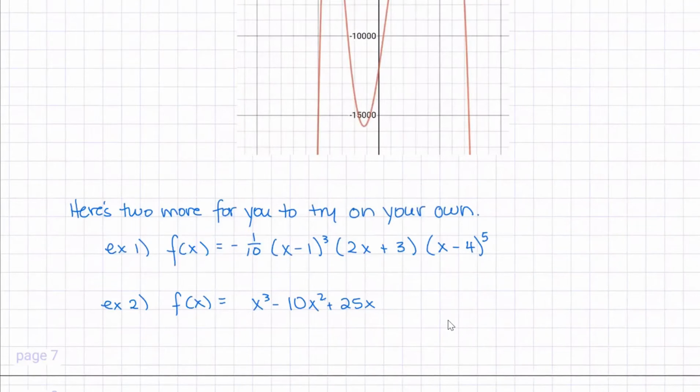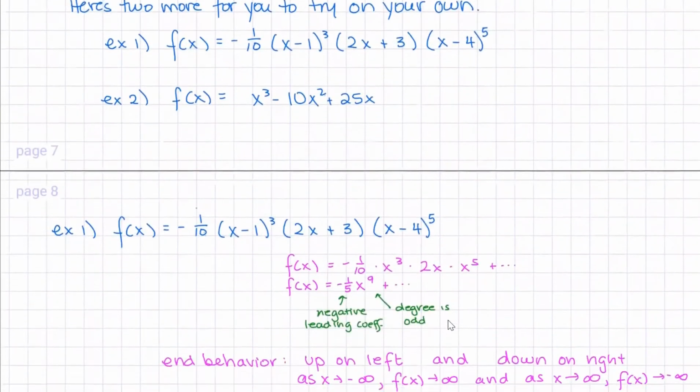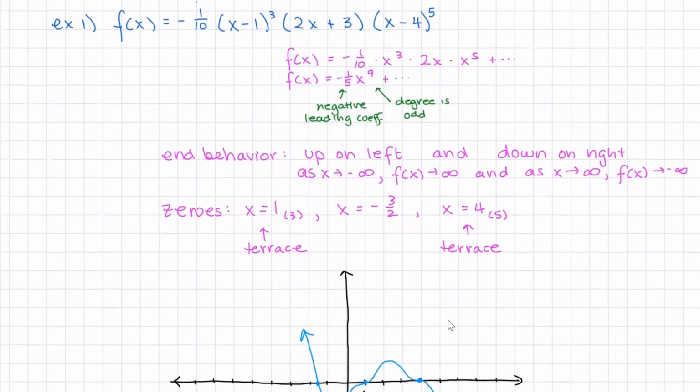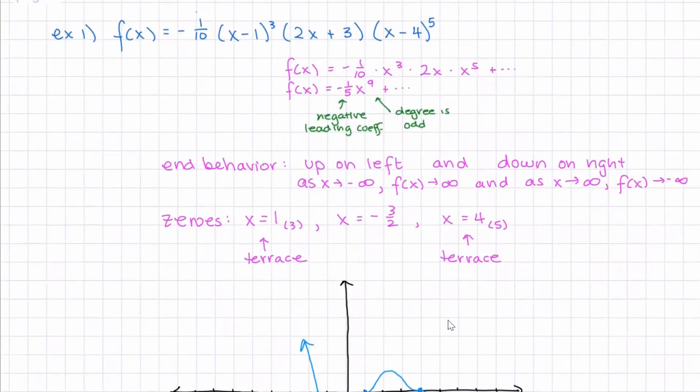All right, so let's take a look. Let's see the first one. The first one's already factored, so we have to find the leading term to see the end behavior. Remember, just think about multiplying all of the leading terms in each factor. So we have the negative 1/10, then the x cubed, then a 2x, and then x to the 5th.